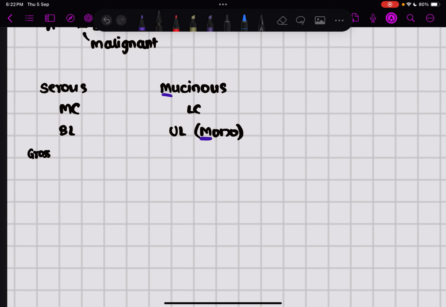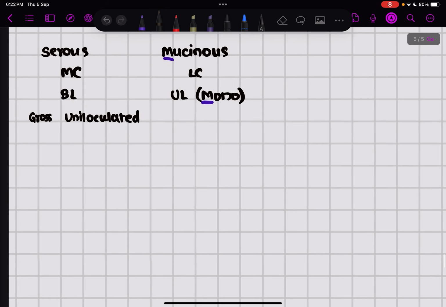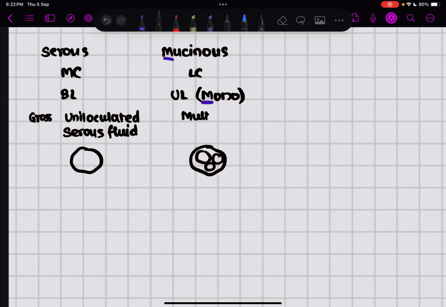Beginning with the gross, serous is uniloculated, that is, it looks like it has only a single room and it has serous fluid. Whereas mucinous looks like it has more rooms, so it is multiloculated and has mucinous fluid.